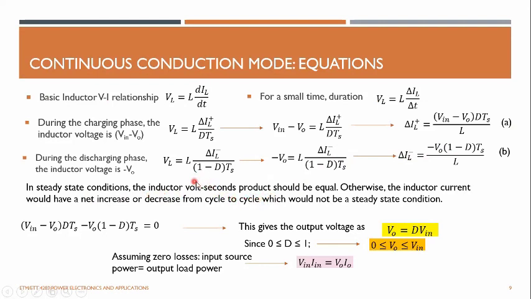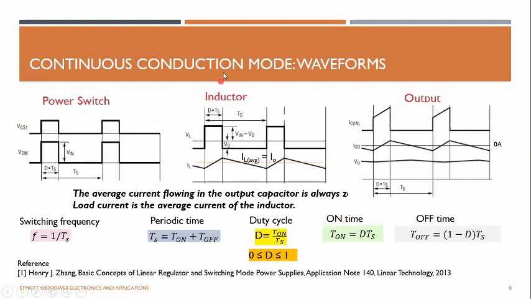Whatever voltage you apply to the inductor for a certain period of time should be equal to the volt-second product of the next switching cycle. Otherwise, the inductor current can ramp up, it will saturate, and the regulator will go out of control, right?